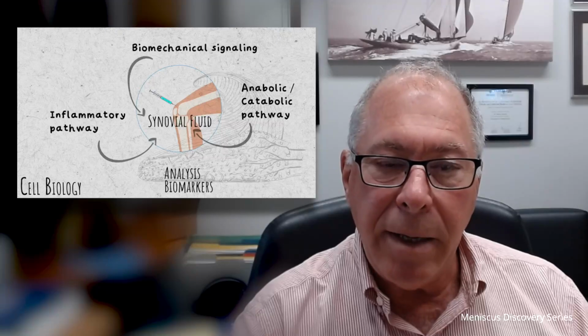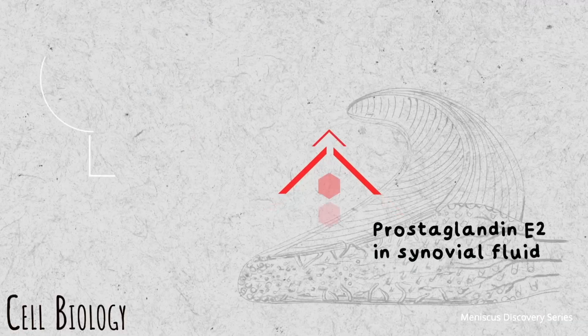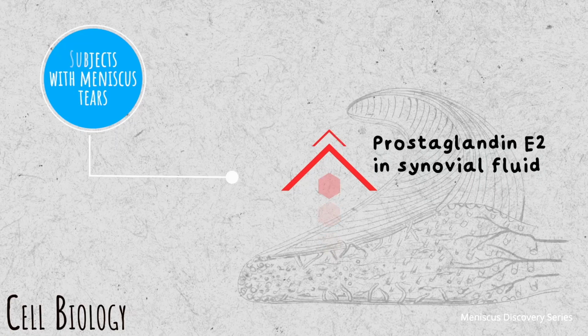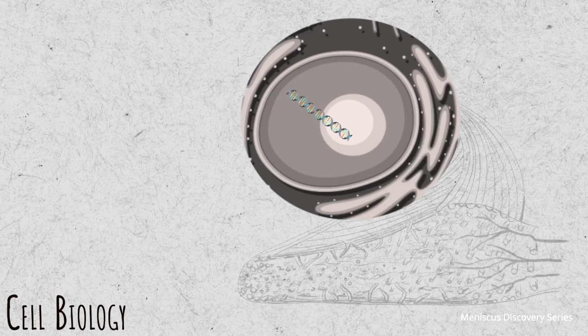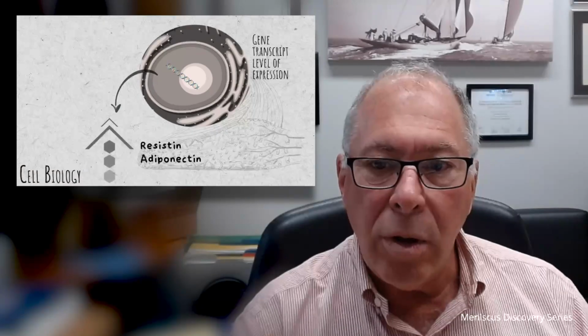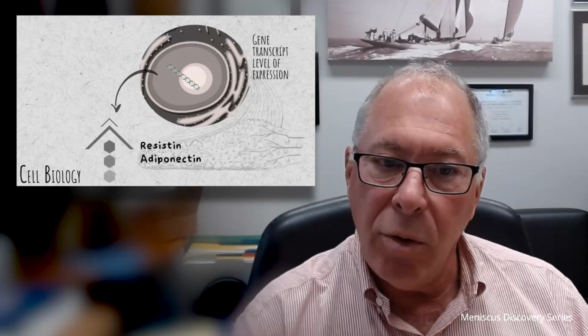As can be expected, prostaglandin E2 is significantly elevated in the synovial fluid of subjects with meniscus tears versus control subjects. At the gene transcript level of expression, adiponectin and resistin were higher in injured meniscus and correlated with articular cartilage degeneration.